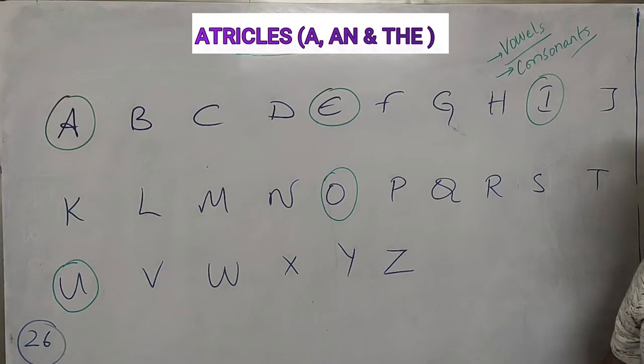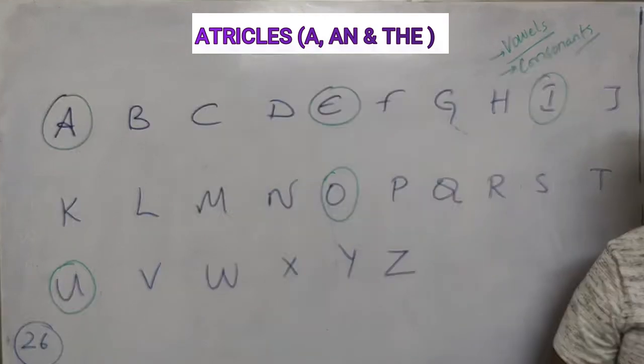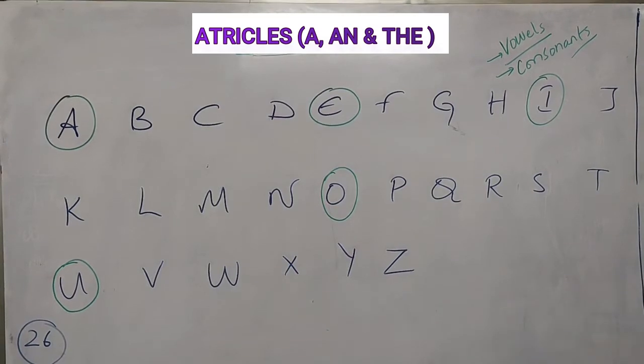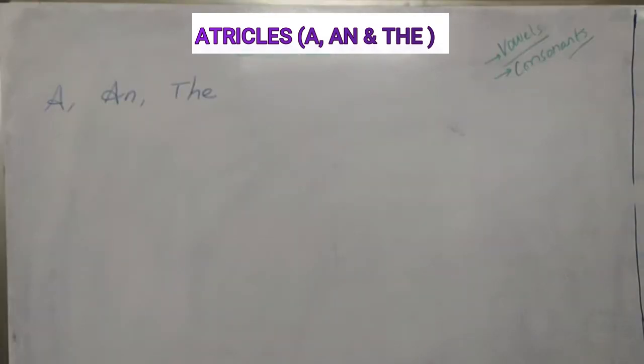Okay, children. So today we are going to see a special topic which is called articles. I want you to listen very carefully. Okay, children. A, an and the. These 3 are called articles.